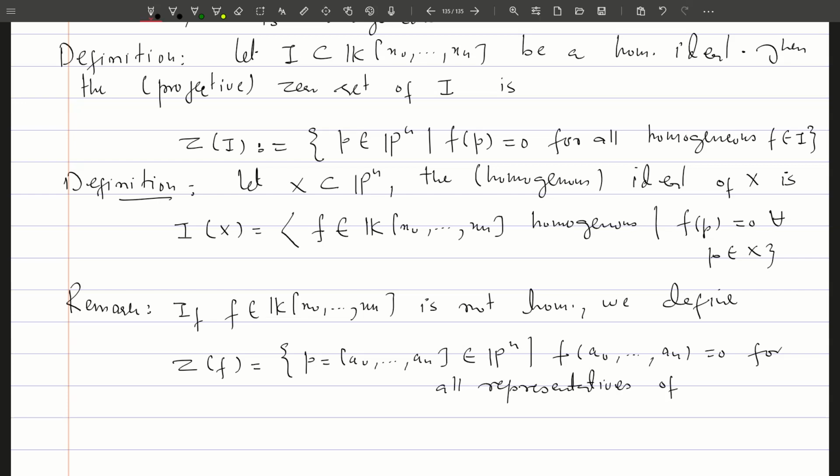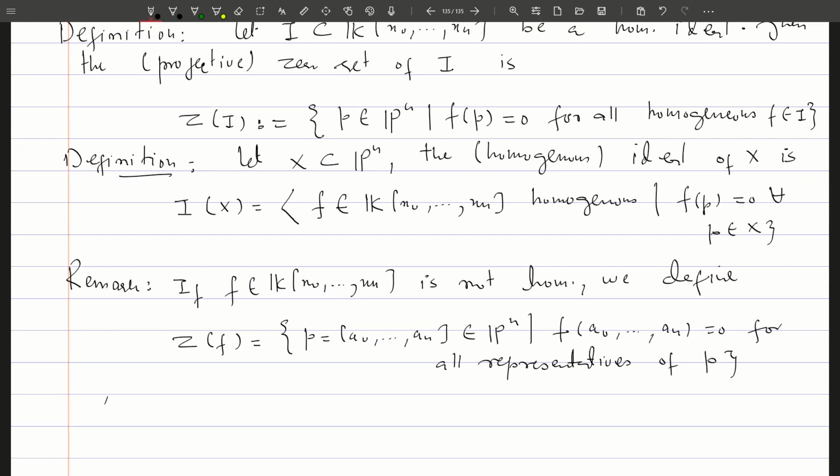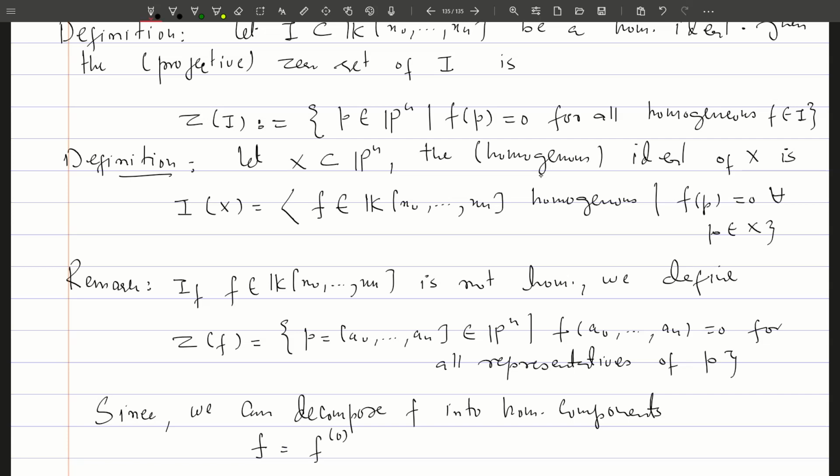Since we can decompose f into homogeneous components, we can write f as the homogeneous component of degree 0 plus the homogeneous component of degree 1 up to the homogeneous component of degree d.